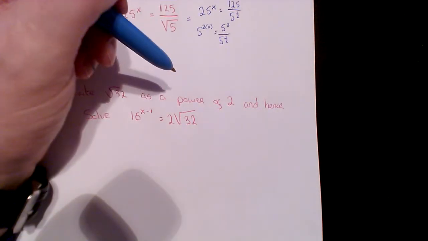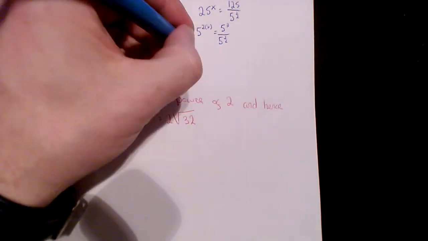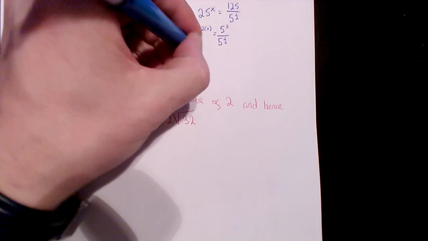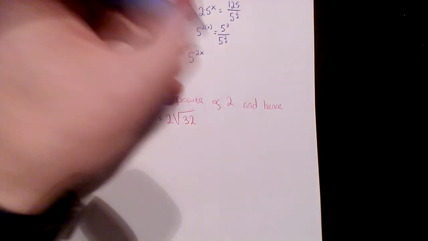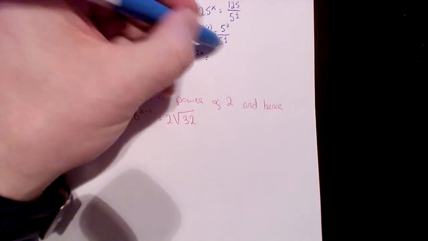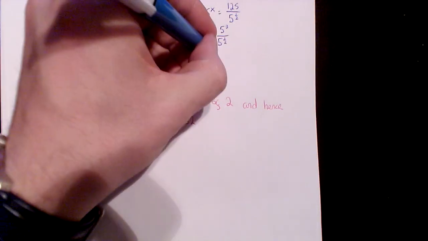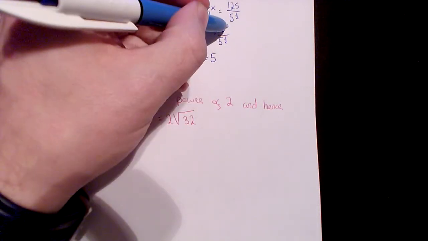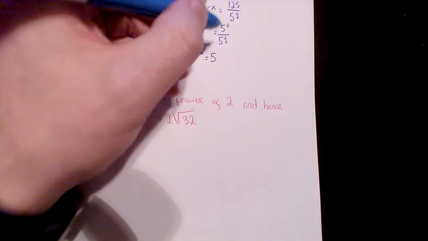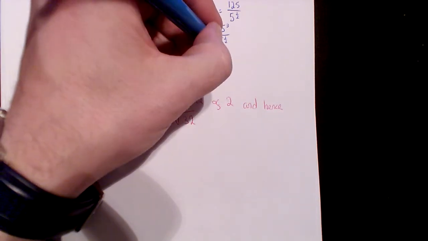Now I have them all as the same base, so now I can start doing things out. So 5 to the power of 2x equals. Now I'm dividing indices, so I subtract the powers. So it'll be 5 to the power of 3 minus a half.